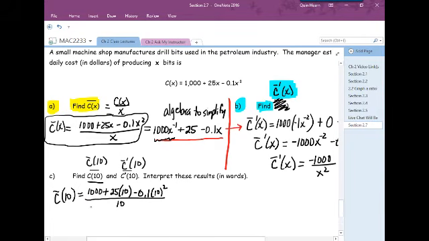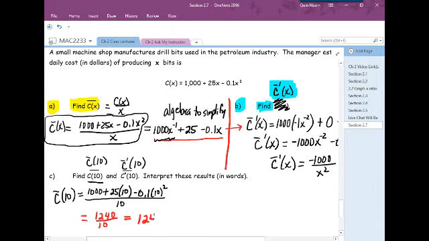Now on part C, we're just plugging into those two things that we found. So first I'm finding the average cost when x is 10 units. And so we have 1,000 plus 250 minus, let's see, 0.1 times 100 would be 10. So that's going to be what? 1240 over 10. Check my arithmetic, please.